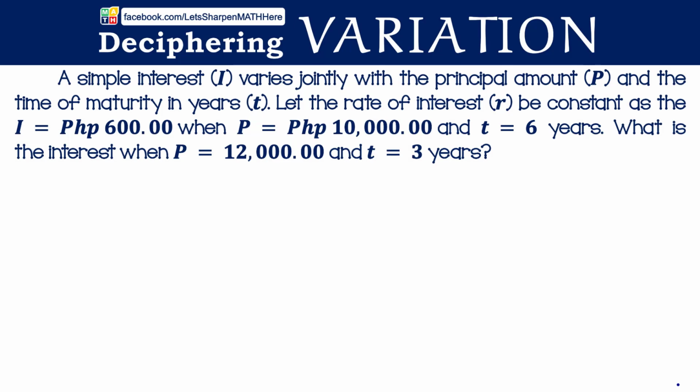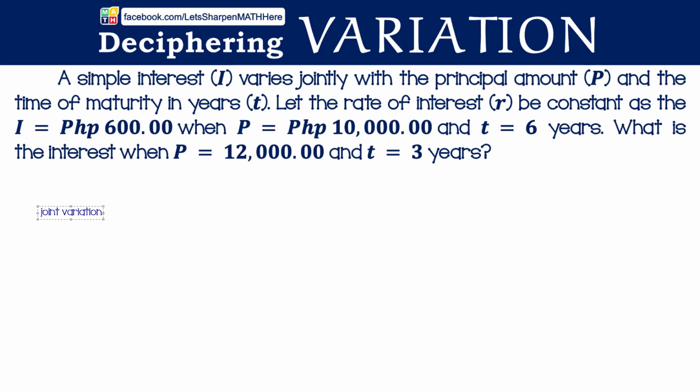The topic on simple interest is actually an example of a joint variation. This is an example of a joint variation because the interest is affected by two other variables. We call them the principal amount and the time of maturity.